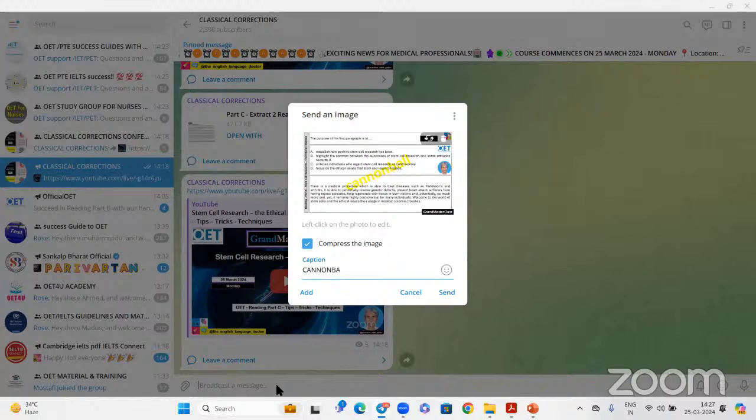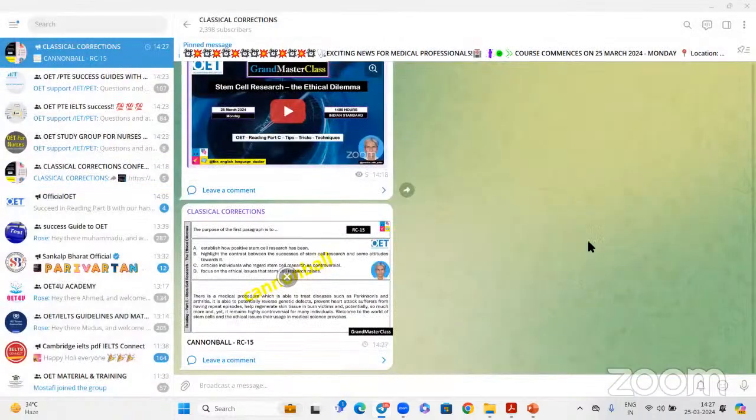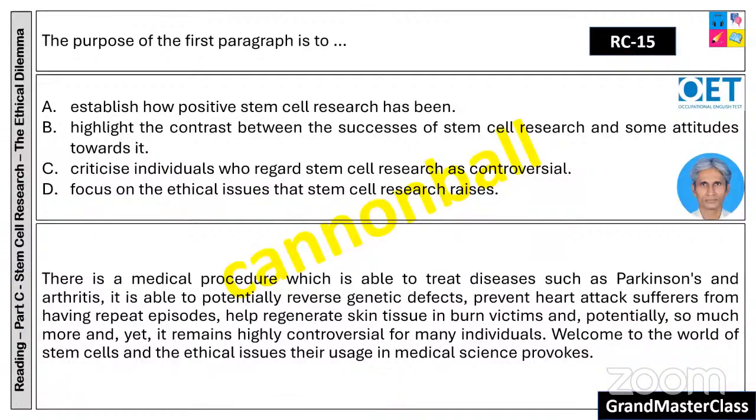Cannonball, RC, 15. Yeah, that is the question. You have 90 seconds now to think about this question. Your time starts now. Do not write the answer anywhere until I tell you.